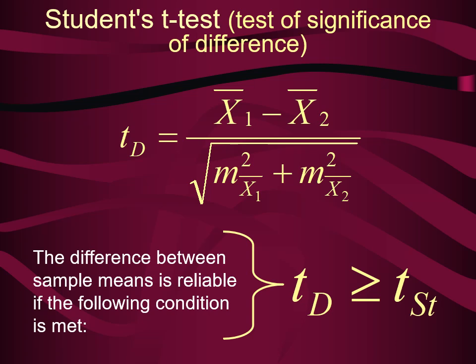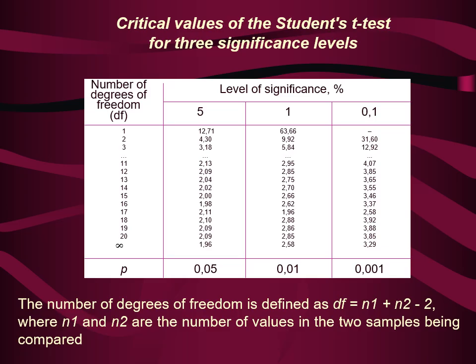I look at the table that allows you to find the value of the Student's criterion. Now it's all visible in the program, or it's set initially.